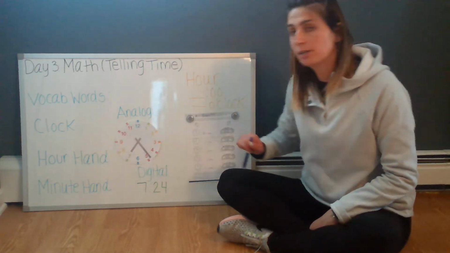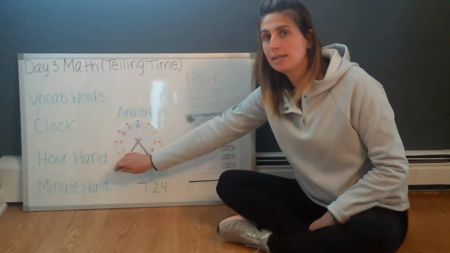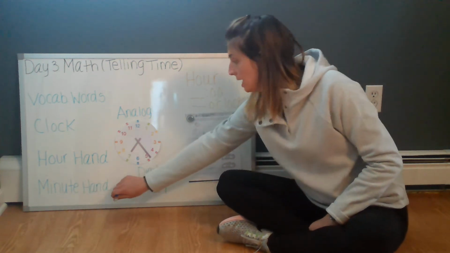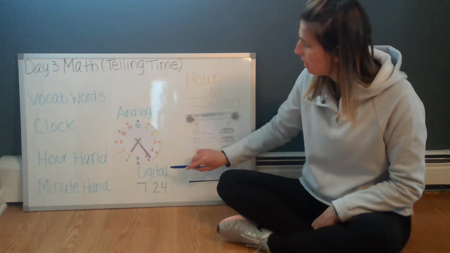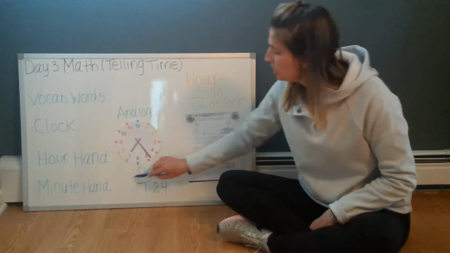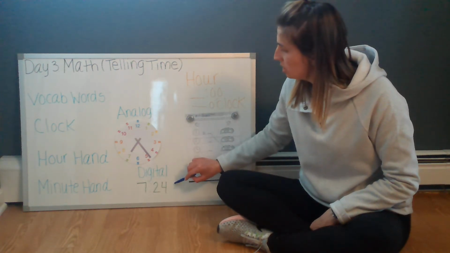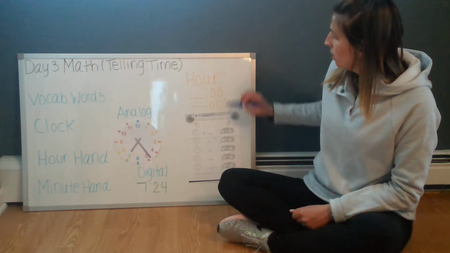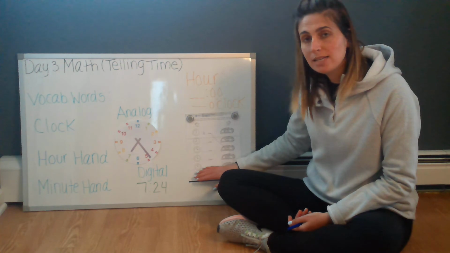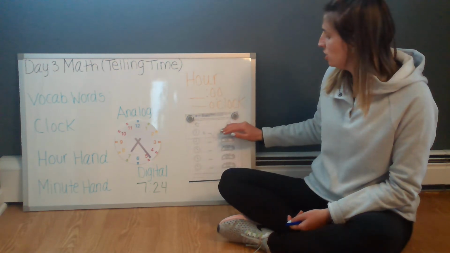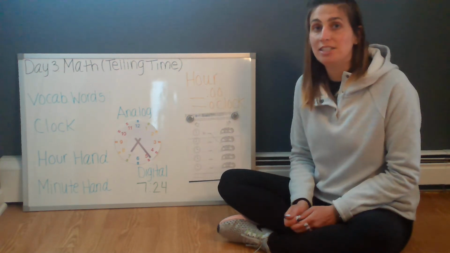So we have clock, hour hand, minute hand, analog, which is an example right here, and then digital, this is the example of the digital time. Okay? So now your job is to write what time it is on the left-hand side and match it to the same time on the digital side.